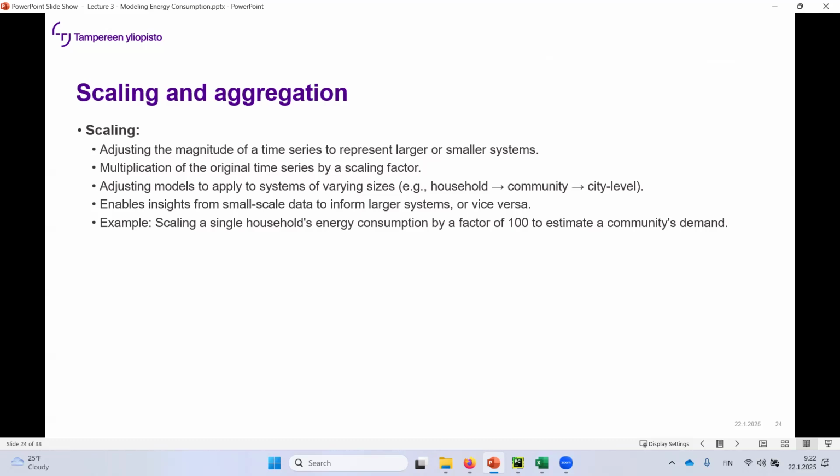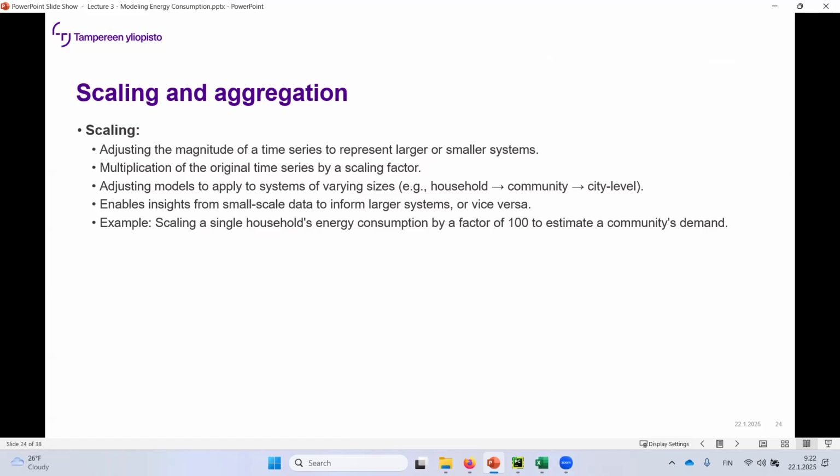So if you want to scale the system, for example, from one household to, let's say, 1,000 households, it's not good to just multiply that one household's consumption by 1,000, because not everybody has the same behavior pattern. So in this scaling, you would want to take into account, for example, the probability modeling.